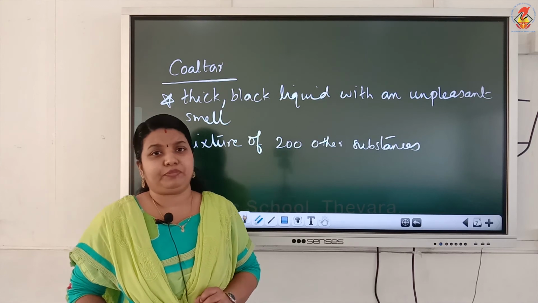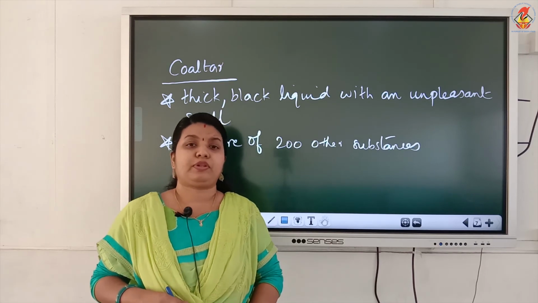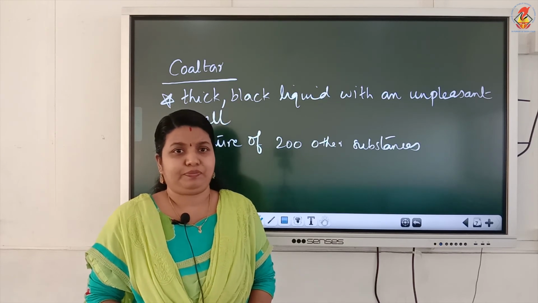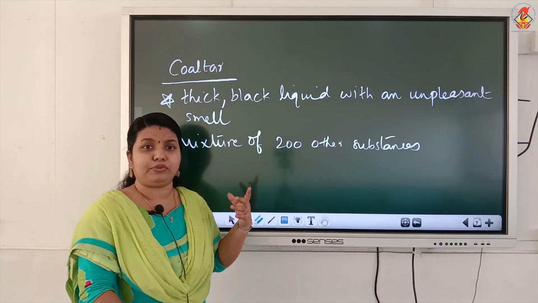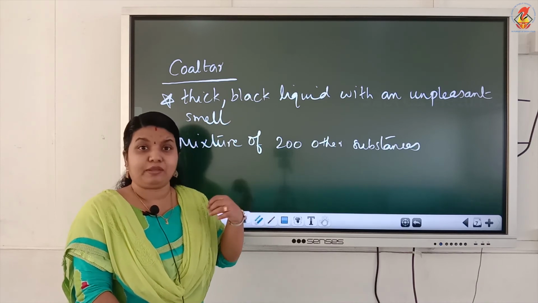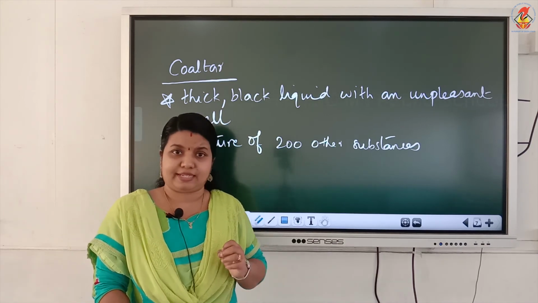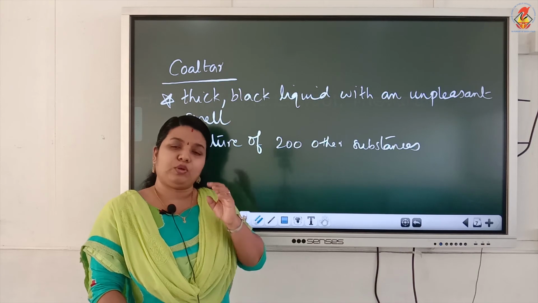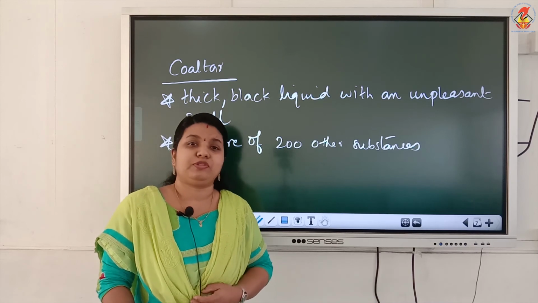These 200 products obtained from coal tar are used for manufacturing many useful substances used in our everyday life and in industries, like synthetic dyes, drugs, explosives, plastics, paints, roofing materials, etc. So many useful substances are manufactured from it.